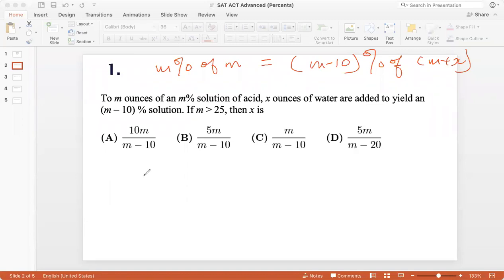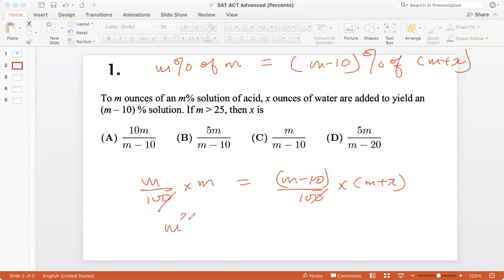So m% of m would be m over 100 times m, and m minus 10 over 100 times m plus x, right? So 100 and 100 cancels. And we now multiply. m square is m square plus mx minus 10m minus 10x, right?